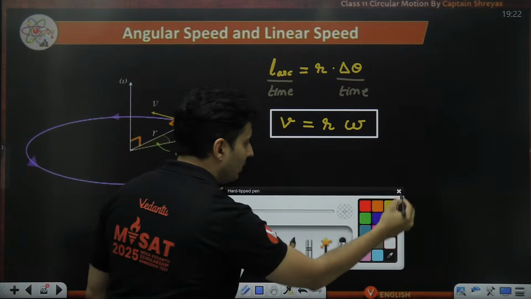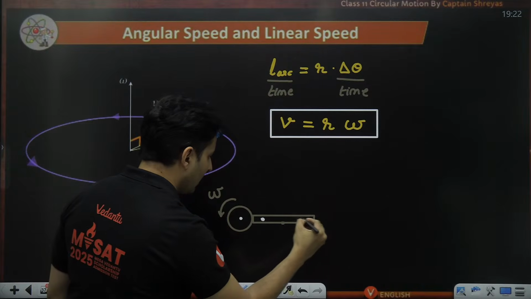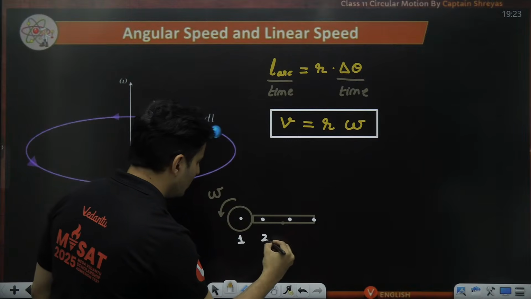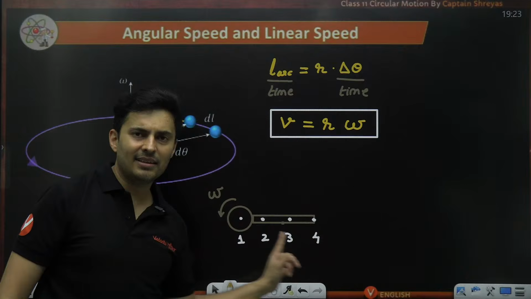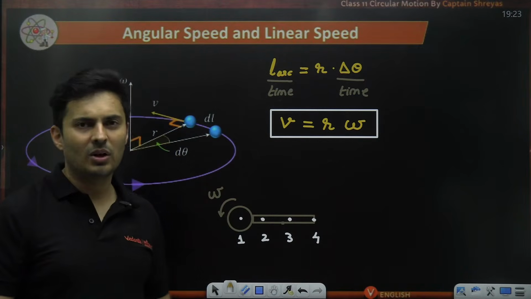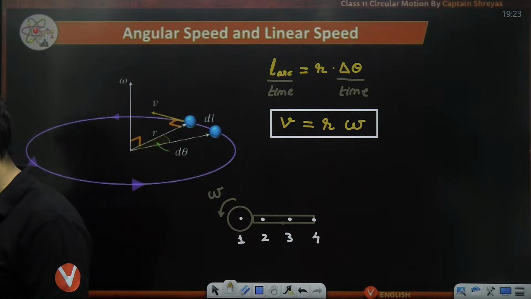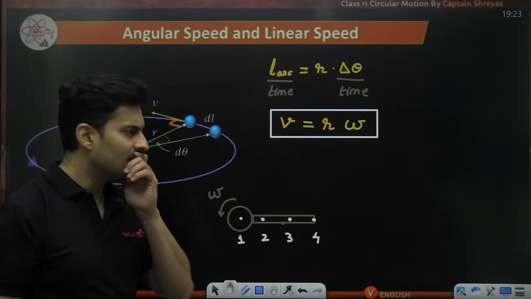And I consider a couple of points like this point here, and this point here. This is point 1, 2, 3, and 4. If I ask you to compare their velocities and compare their angular velocities, what will be your answer?